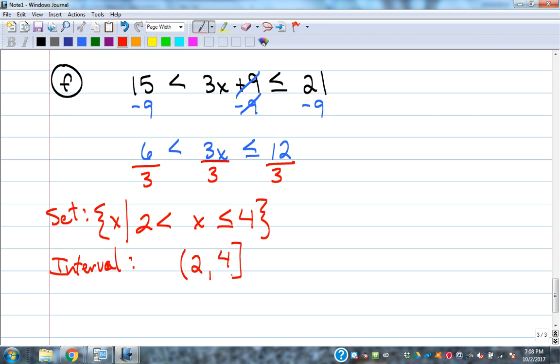Parentheses on the 2 because it doesn't have an equal to mark. Graph: 1, 2, 3, 4, 5. Parentheses, bracket, and line in between. Work that way pretty much every time.